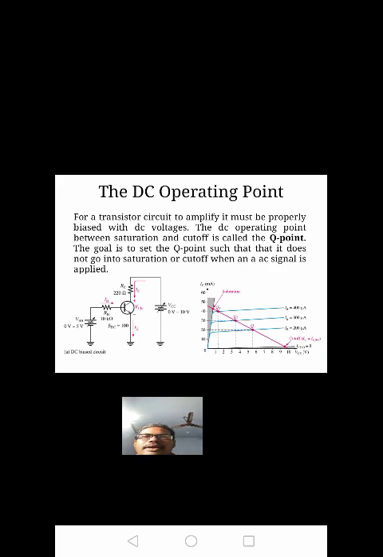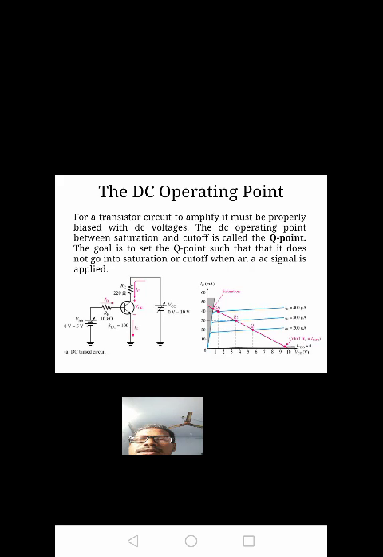The DC operating point. For a transistor circuit to amplify, it must be properly biased with DC voltages. The DC operating point between saturation and cutoff is called the Q point.